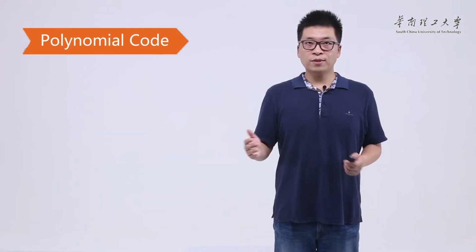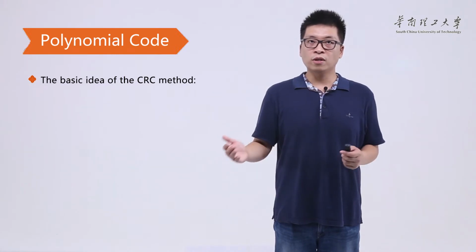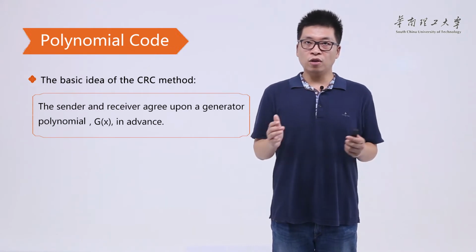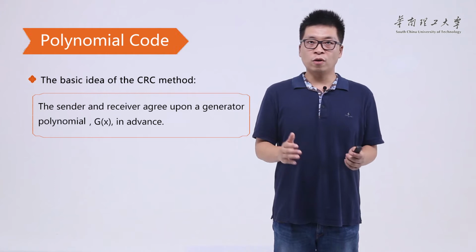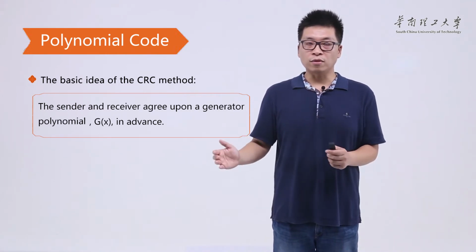So here comes the basic idea of the CRC method, the polynomial code method. The sender and the receiver need to agree upon a generator polynomial first. We call it Gx. That should be done in advance.